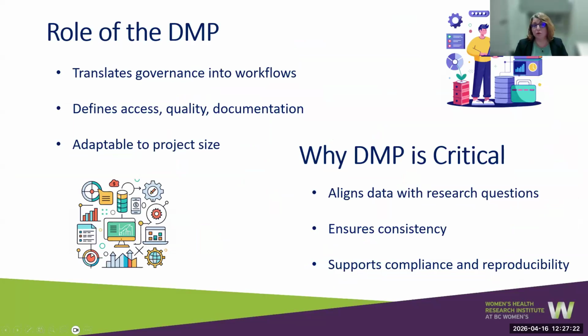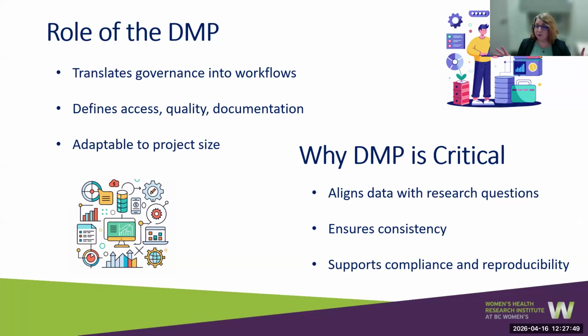So now we're going to data management. Basically you have your idea of data governance, how everything works at a high level, but now you need to translate it into an actual workflow, how it's going to be implemented in the field. So it's access, quality, documentation, and a data management plan. It's usually adaptable for the project side.